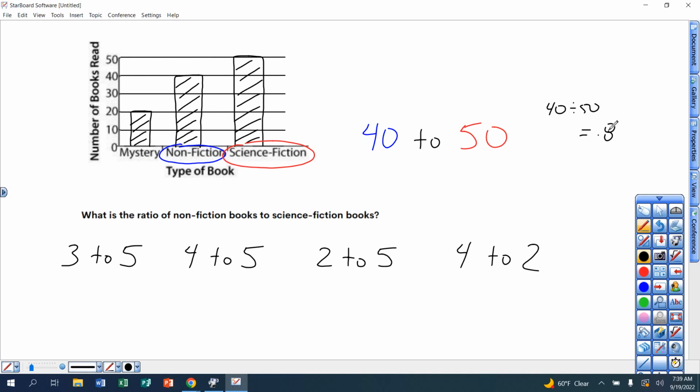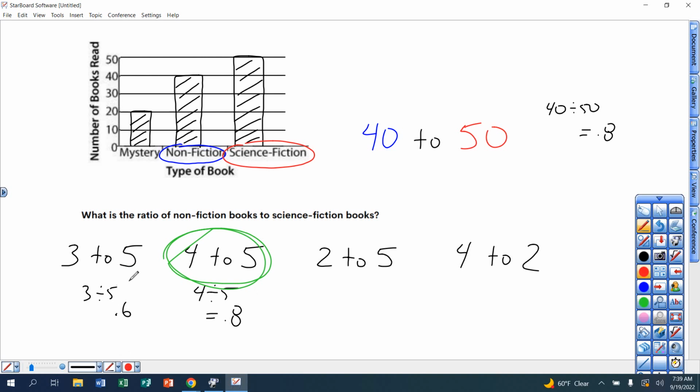You could divide out the other ones and see what their values are. 3 divided by 5 gives me 0.6. That's no good. 4 divided by 5, there it is. 4 divided by 5 gives me 0.8. So that one I could see right away. That one is equivalent, 4 to 5.